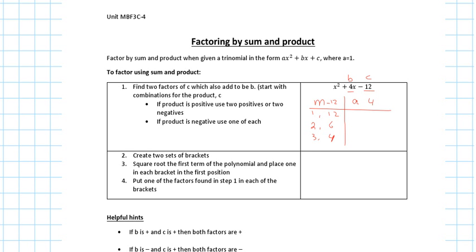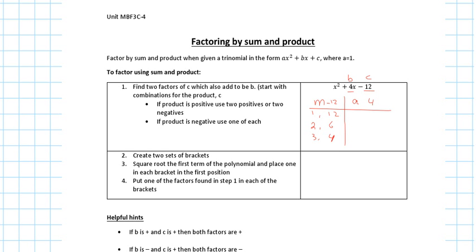Now, you see that green sheet that I've also given you? That's going to help you decide which one's going to be negative, which one's going to be positive. Can you use this on a test? Absolutely you can. Because the sum is positive, that means the bigger number has to be positive. But this helps you if you need it.